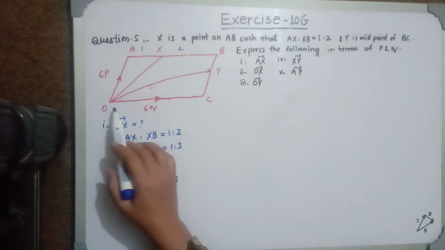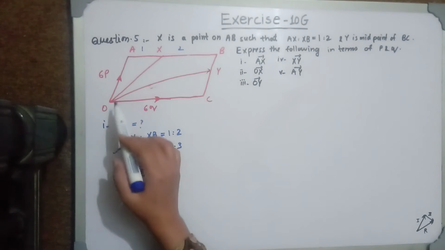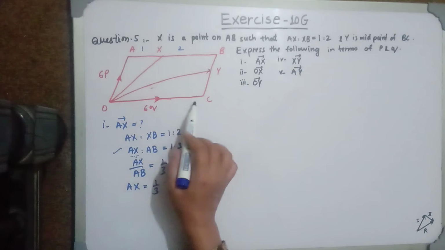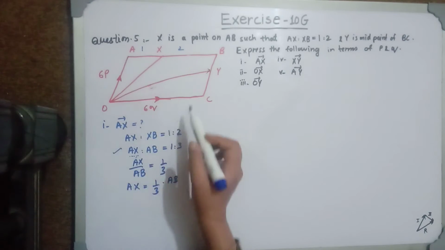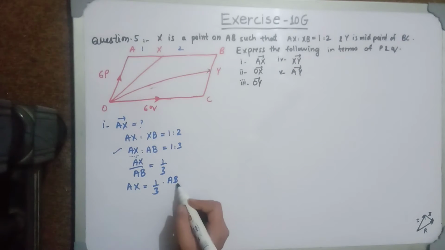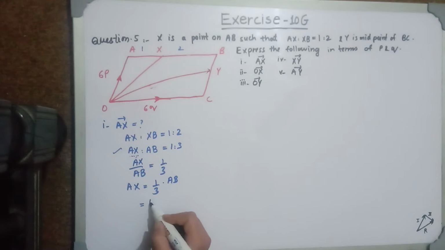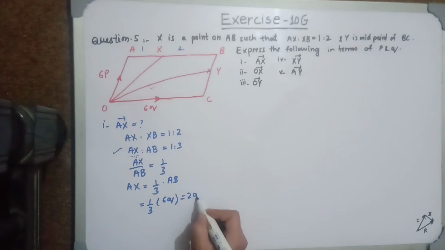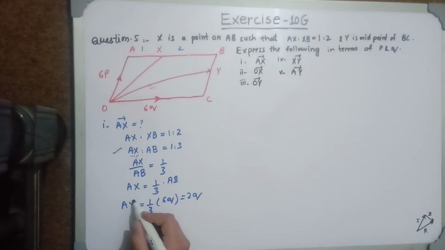Now, as I mentioned earlier, AB is equal to 6q, because OC is 6q. So I'm going to replace this AB by 6q here. I will substitute its value. It will be 1 over 3 into 6q, and on simplifying we get 3 into 2. Okay, it's 2q, and that's the value of AX.